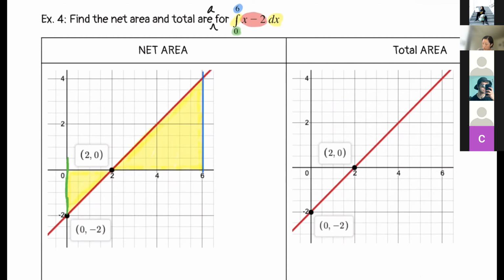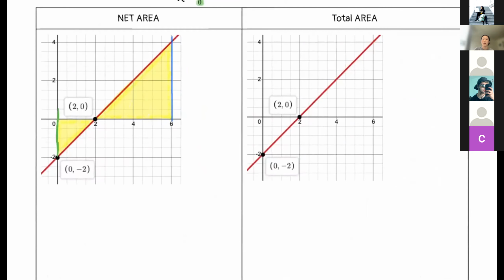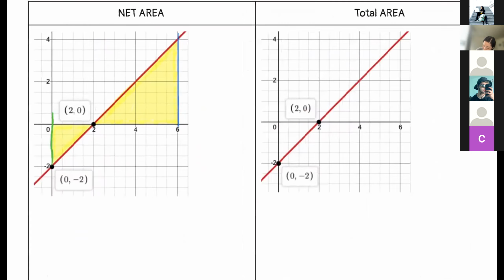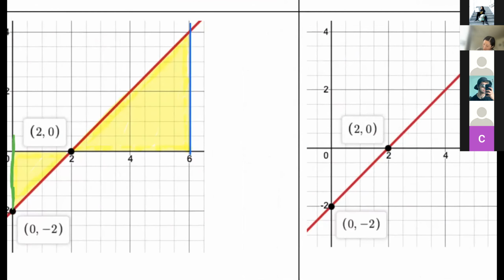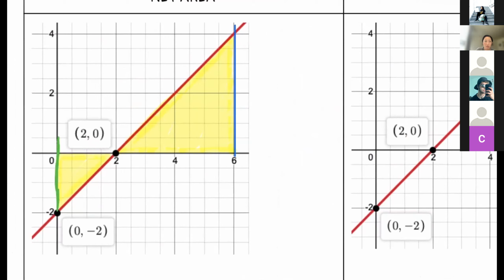Now let's use a little geometry to help us out here. If we go ahead and find the area of this big triangle, we would get 1/2 times 4 times 4, which is 8. Is that correct? We're getting an area of 8 for this big yellow triangle.